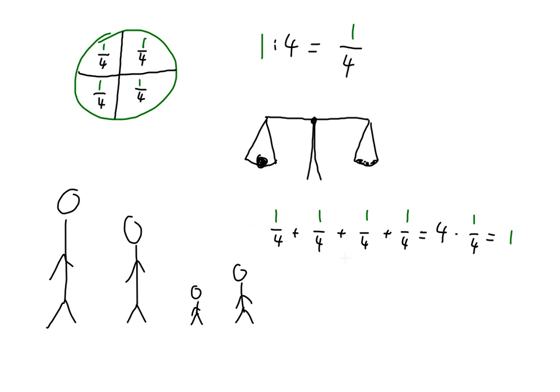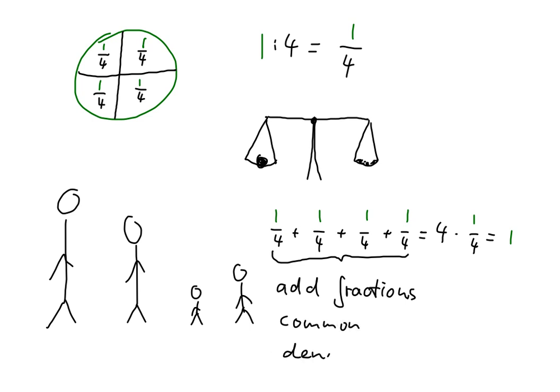So what you see here in this case, it's easy. And what you see here, if you add fractions, I have to have the common denominator. So all things have to have names, else you can't call them.